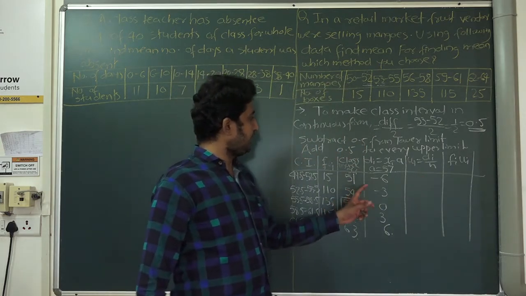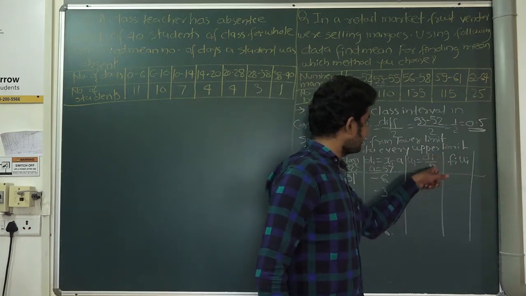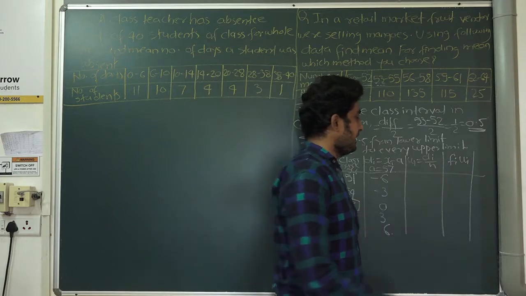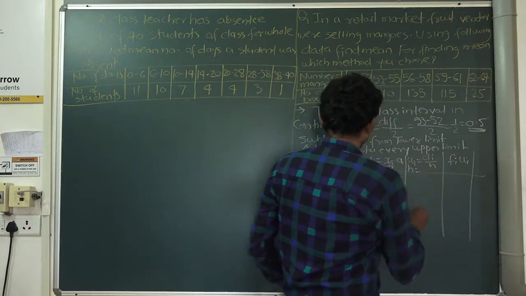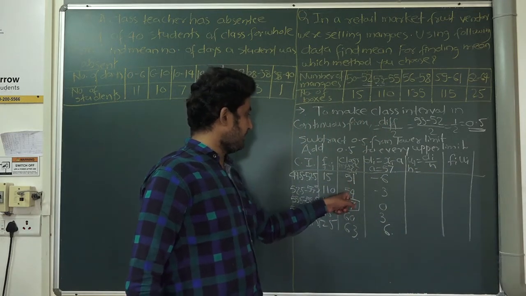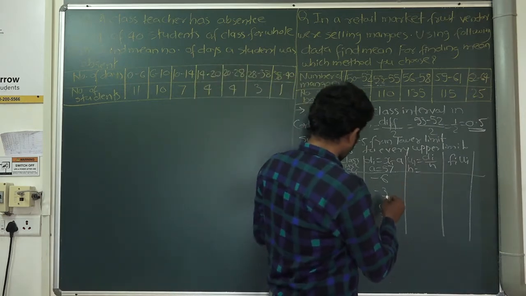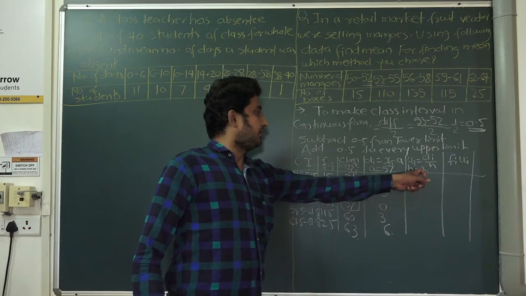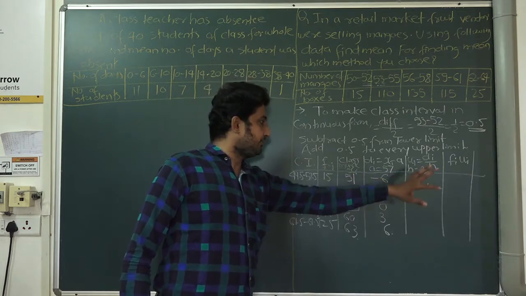Next column is ui. Now ui is di upon h. Now here, what is h? h is the height of the class interval, 51 to 54, 54 to 57, that is 3.